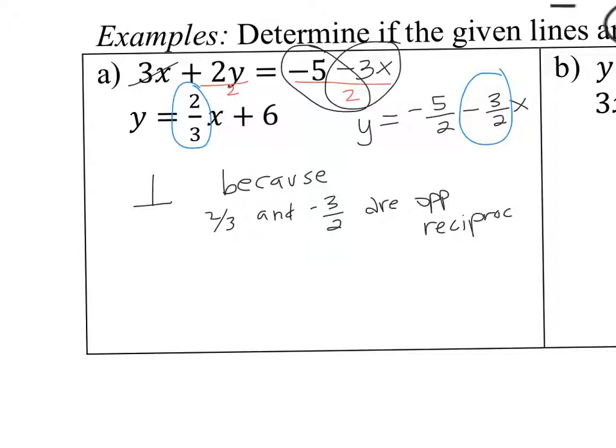Another way that you can show two slopes are perpendicular is you can multiply them. If they're opposite reciprocals, it means that when you multiply the slopes, you get -1. So you can show it like this, or you can write it like this. I've seen it both ways. Some teachers might have you show their opposite reciprocals by finding the product of the slopes and showing that it's equal to -1.